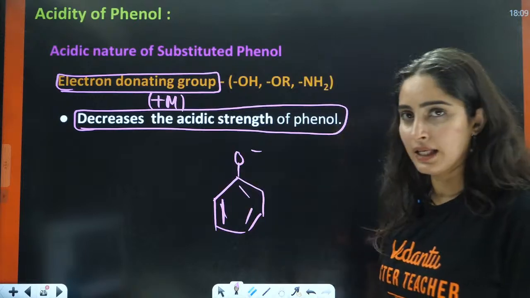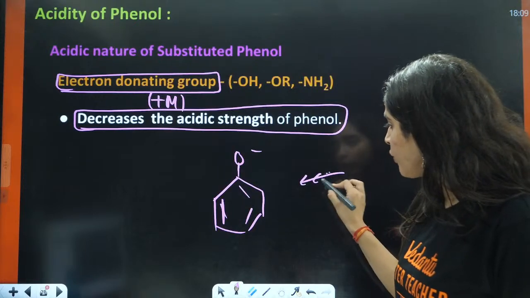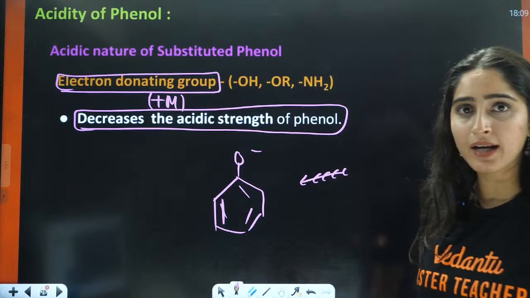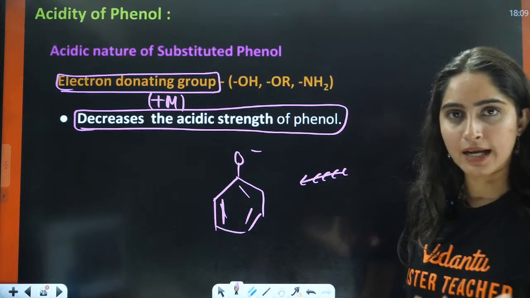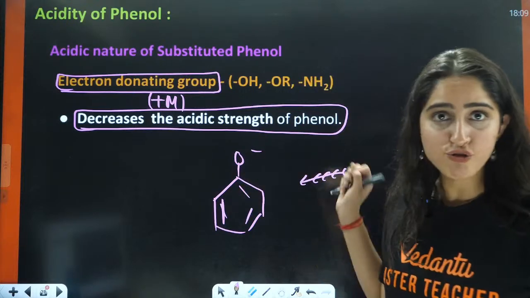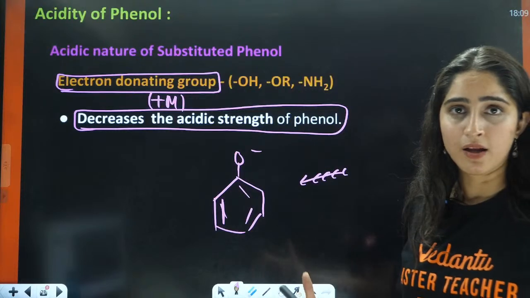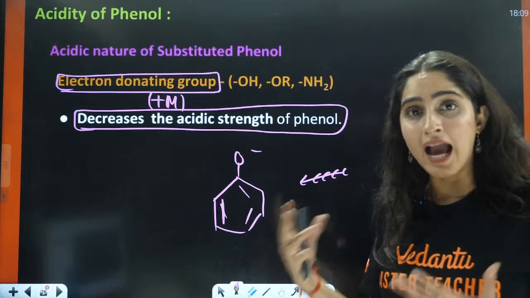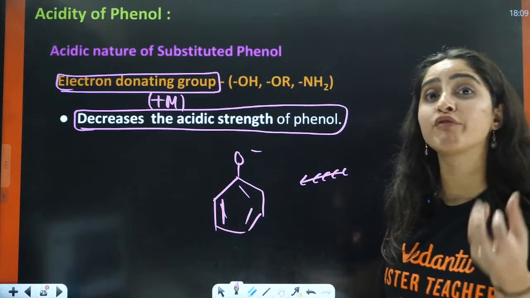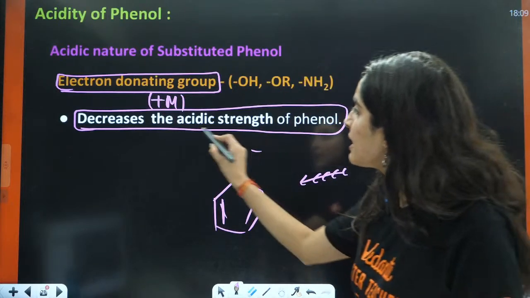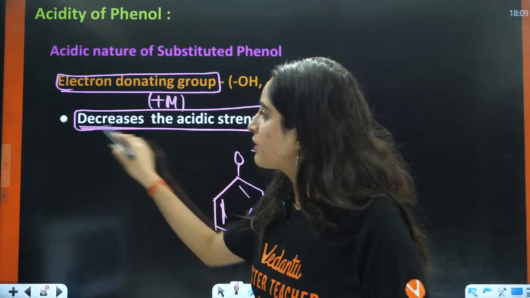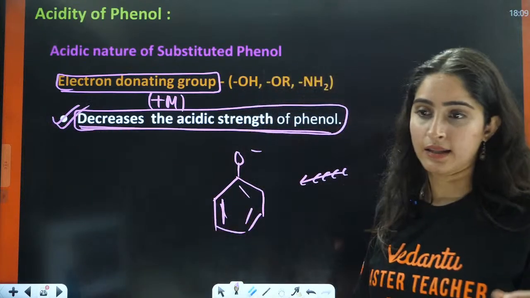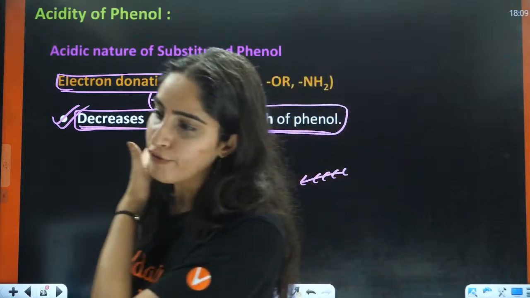Any carbanion is negative, and when you are donating electrons to it, giving it stress, it will become unstable. When the carbanion becomes unstable, the phenol's acidic strength is going to decrease. So the answer will be: there will be a decrease in the acidic strength of the phenol.